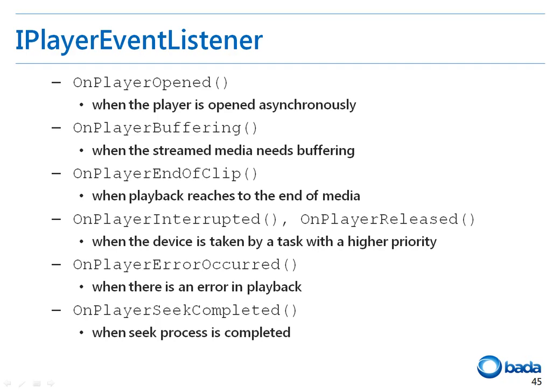And if the playback is finished, the onPlayerReleased function is called. If a problem occurs during the media playback, the onPlayerErrorOccurred function is called. If the user or program moves the playback to a specific position, the onPlayerSeekCompleted function is called to asynchronously notify the program that the playback is ready.